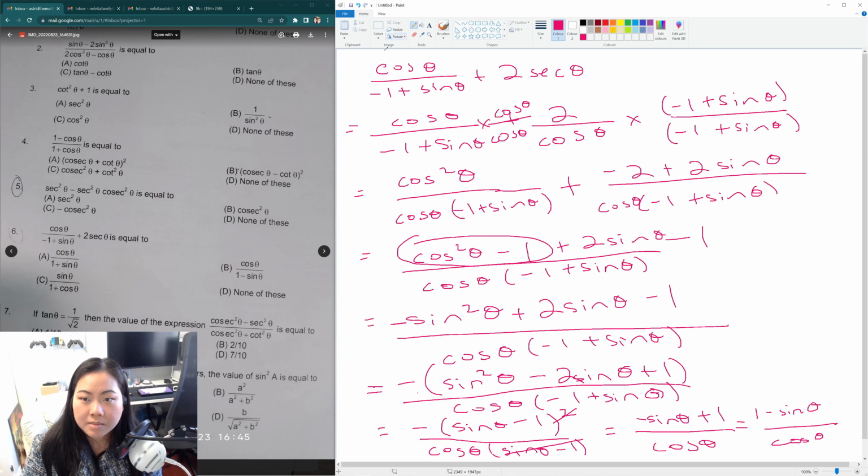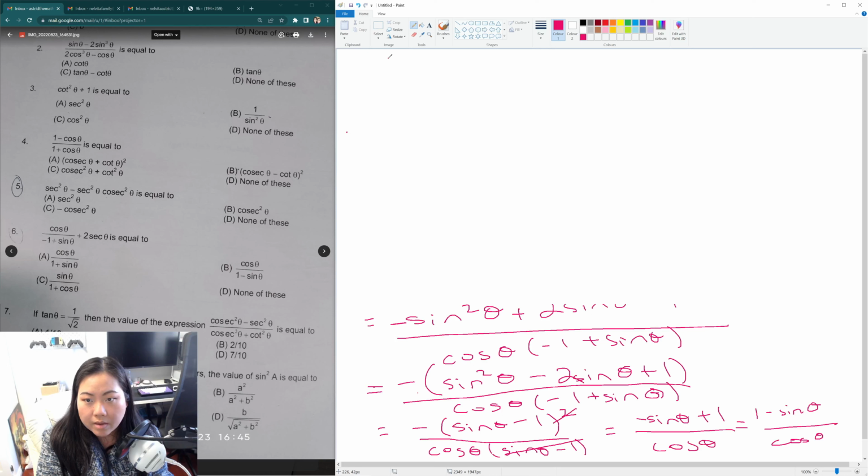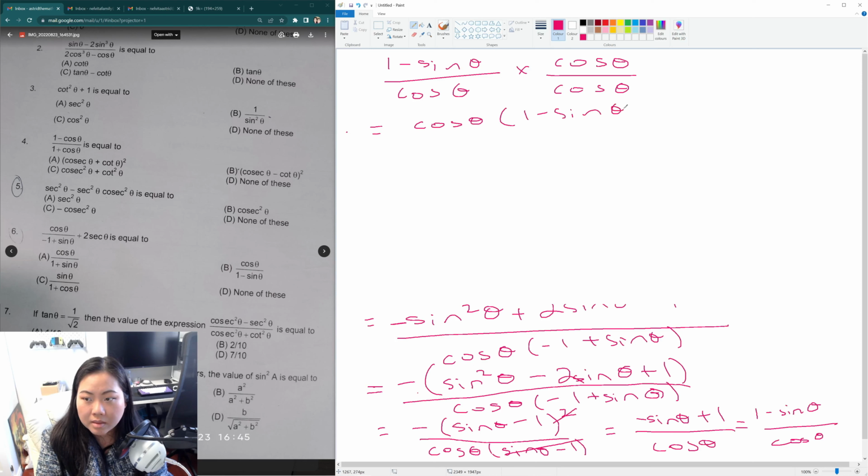I'm just going to clear some space. So we have 1 minus sine theta on cos theta, and we need it to get here. Firstly, I want a cos on top, so I'm going to multiply by cos theta on cos theta. That's going to get me cos theta outside of 1 minus sine theta all over cos squared theta.